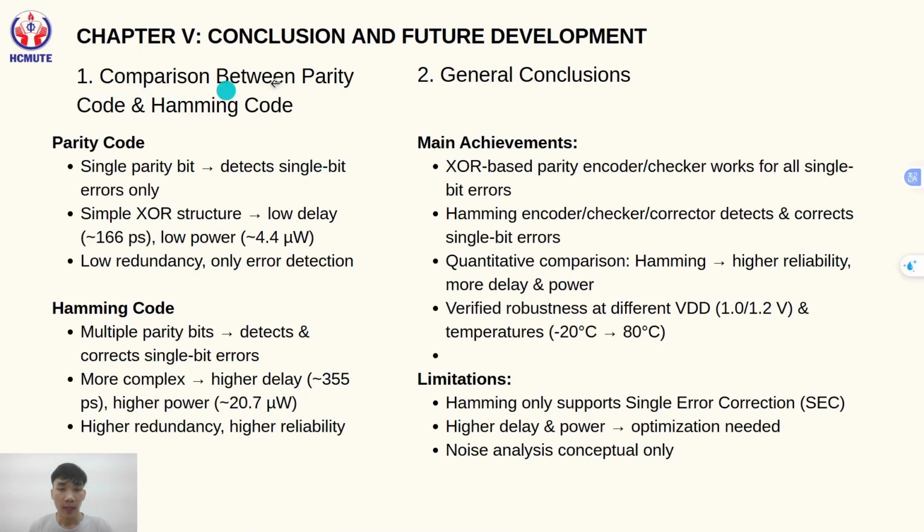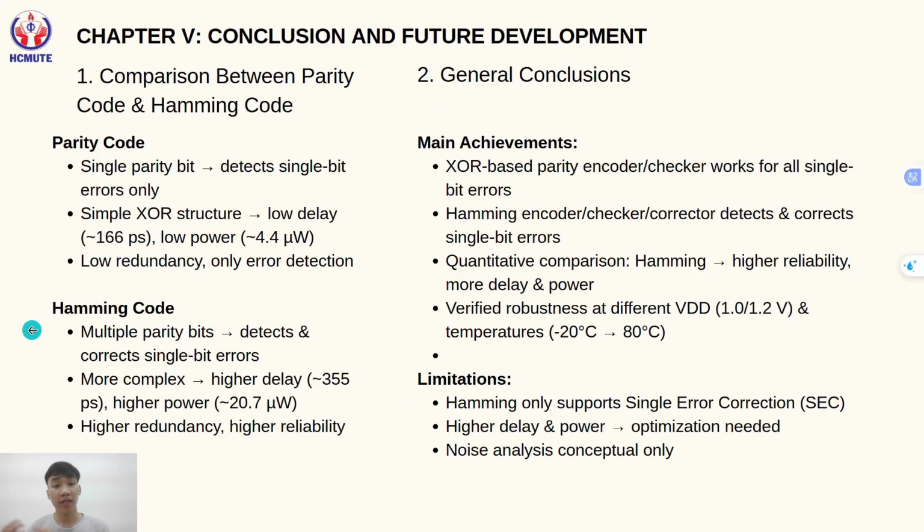And the last is chapter 5, conclusion and future development. Comparison between parity and Hamming code. Both use XOR logic to generate parity bits, but differ in capability. Parity code, with a single parity bit, can detect single bit errors but cannot correct them. Parity code is simpler and uses low power circuits.